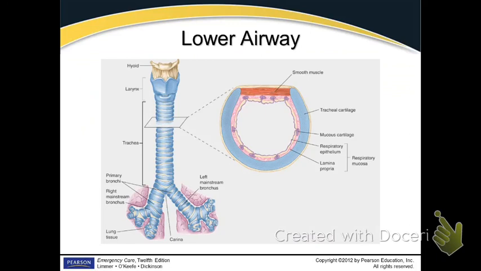You notice as the trachea comes down, it has these C-type rings of cartilage, and that's to hold the trachea upright. The esophagus, which is posterior, is not held upright. There's no cartilage in there. And then it comes down at the carina, bifurcates there, and then into the bronchioles.